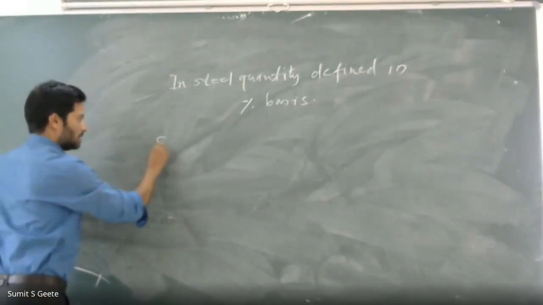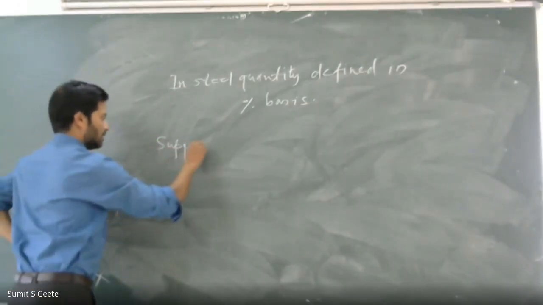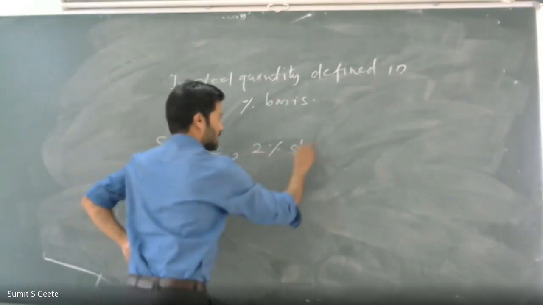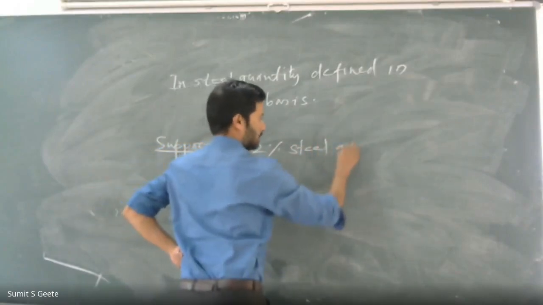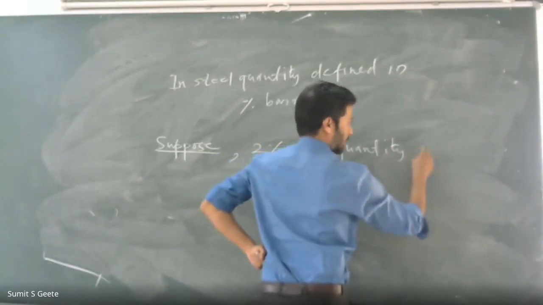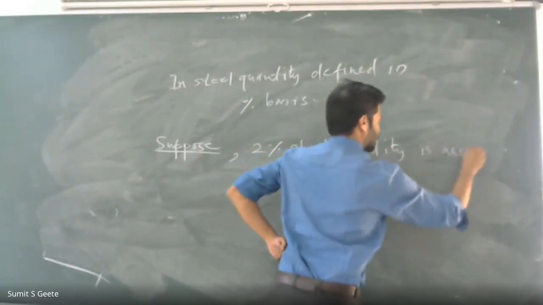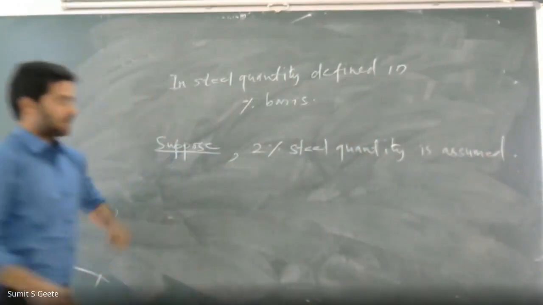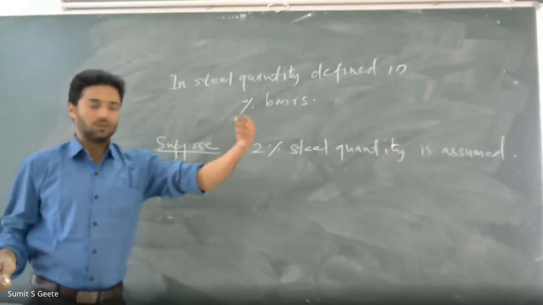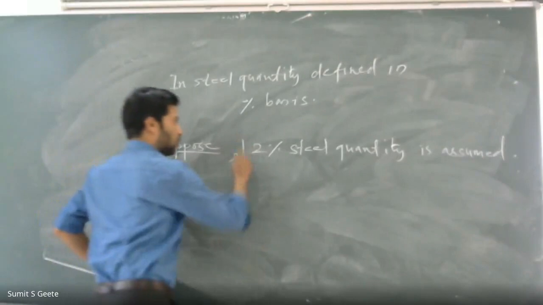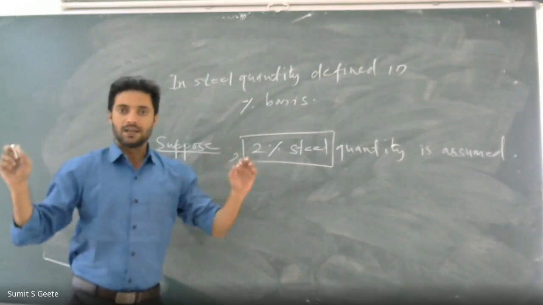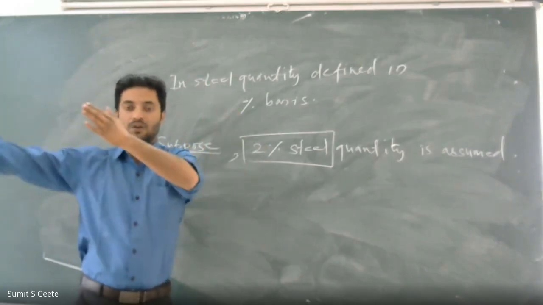Now, suppose 2% steel quantity is assumed. Our task is to find out the quantity. When we are considering this 2%, this 2% is nothing but with respect to the quantity of concrete.